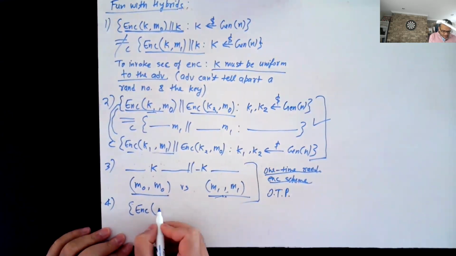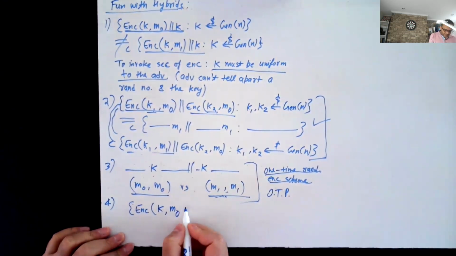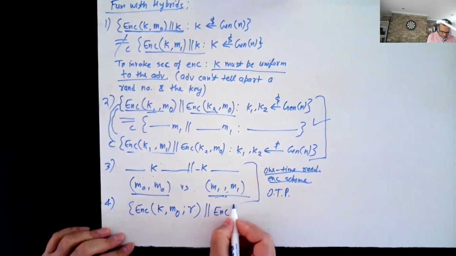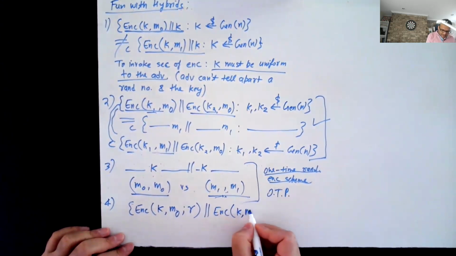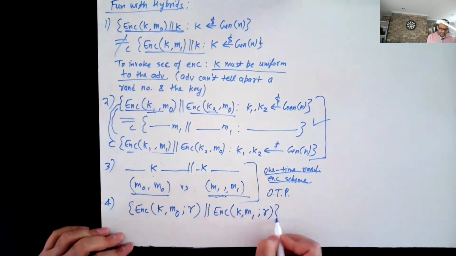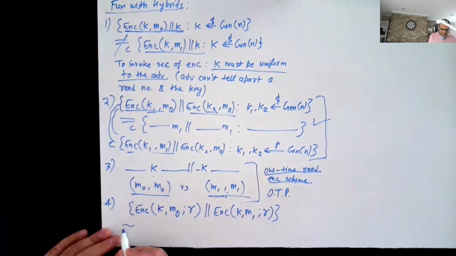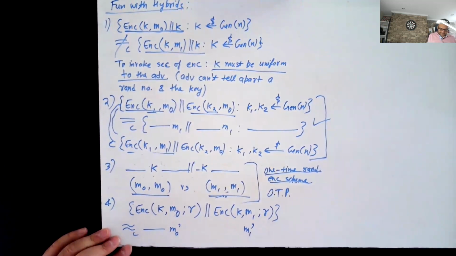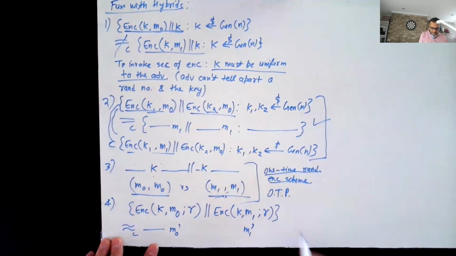I encrypt a message, let's say M0, with randomness R, and then I encrypt another message with the same randomness R. Now I would like to claim that M0 prime and M1 prime, that I can change the message vector.